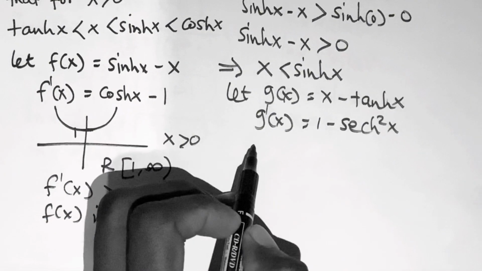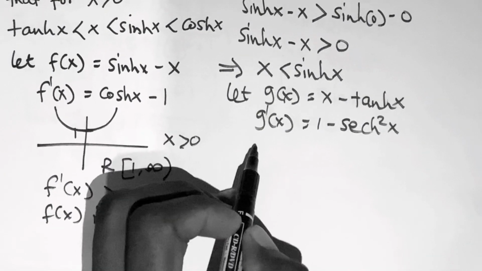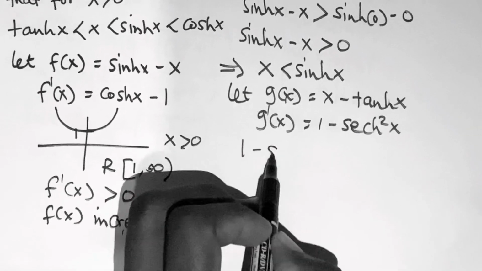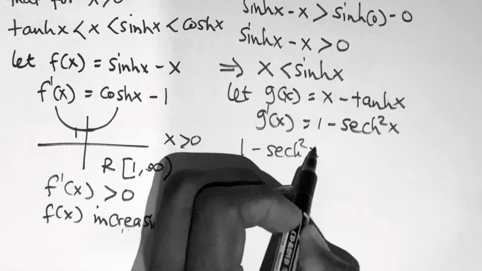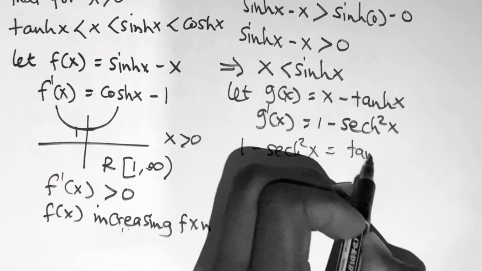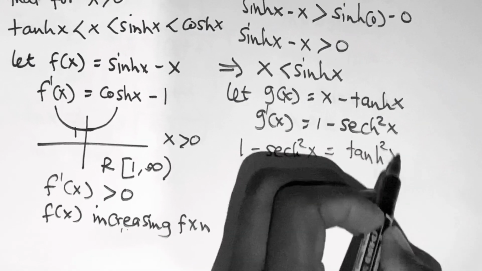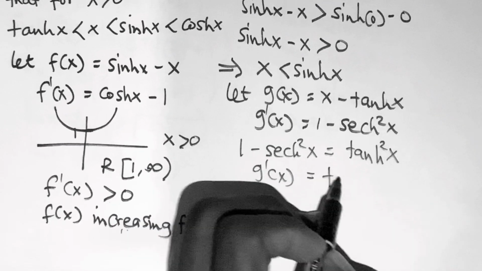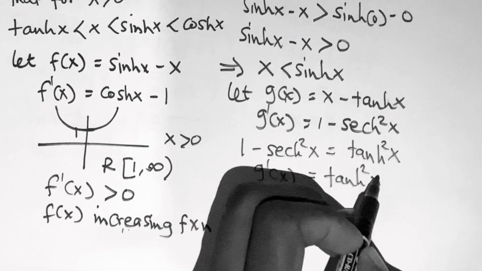But we know that from hyperbolic identities, 1 minus sec squared x is equal to hyperbolic tan squared x. So g prime of x is equal to hyperbolic tan squared x.